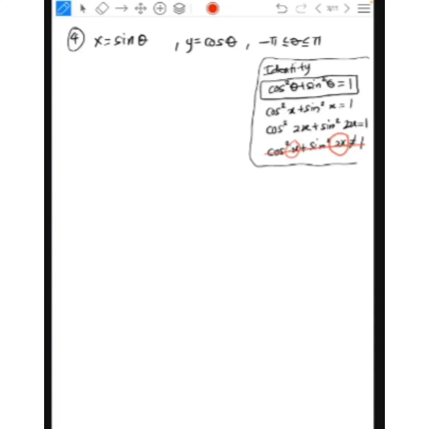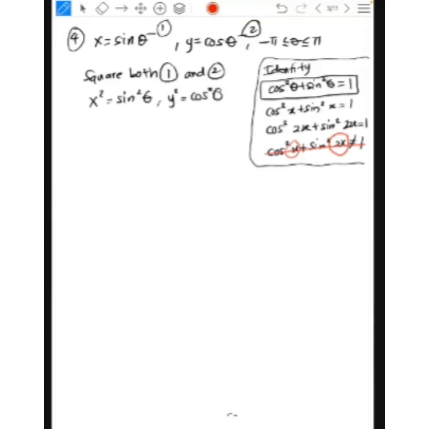Let's eliminate the parameter t using that. So this is equation number 1 and this is equation number 2. Square both equations. So x squared equals sine squared theta and y squared equals cos squared theta.